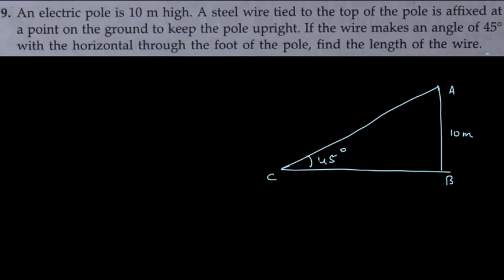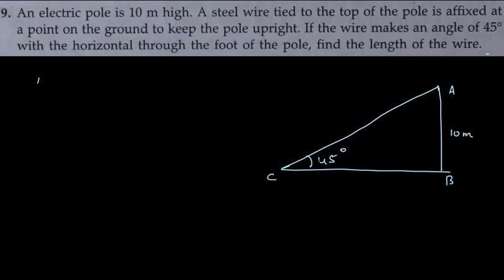With the horizontal through the foot means from this foot, this horizontal is drawn, and with this the steel wire is making an angle of 45 degree. We have to find the length of the wire. That means we have to find this AC.